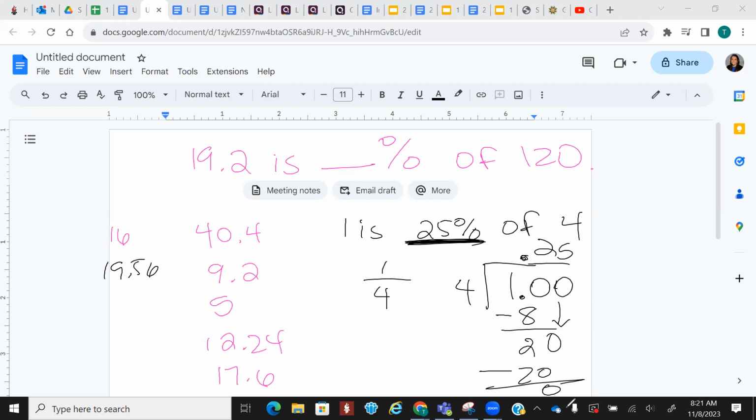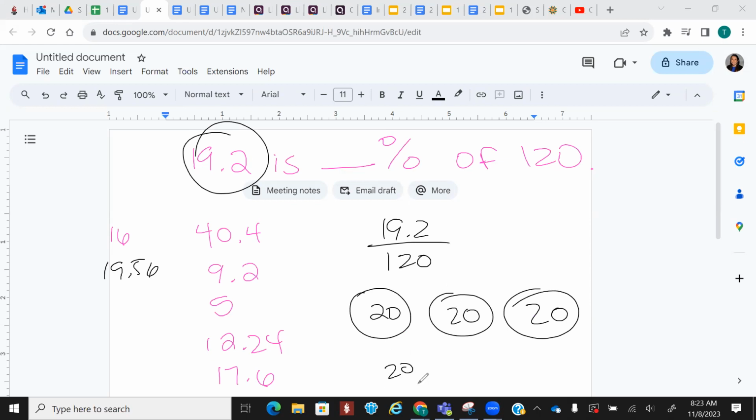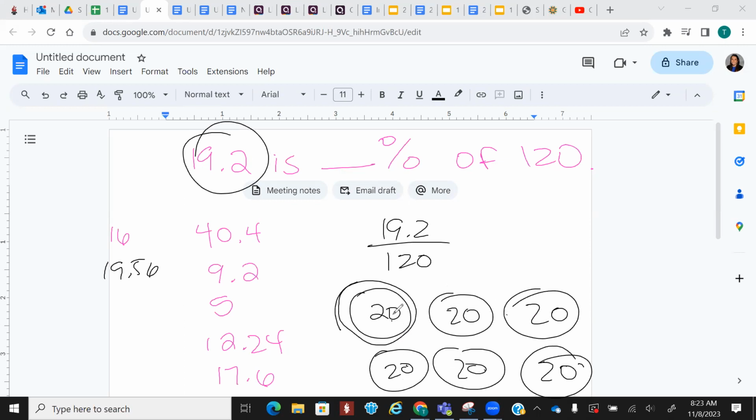The same concept could happen with this one over here. However, suppose we took 19.2 divided by 120, I don't know that off the top of my head, and let's say I'm not very good at division, but I do know that 19.2 is close to 20, right? Okay, and if I have groups of 20 and I want it to add up to 120, I would have 6 groups, right? And 20 out of the 120 would be 1 out of the 6 groups, correct?